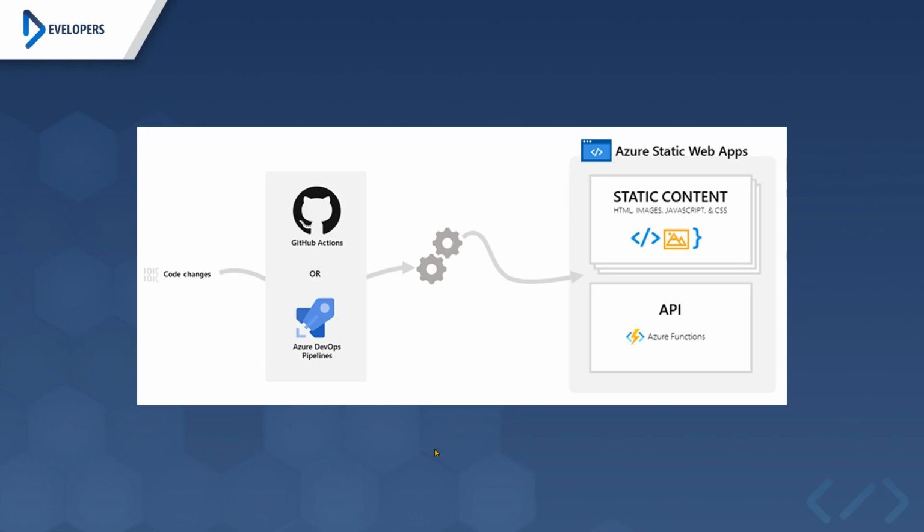You can easily tie it to GitHub Actions, Azure DevOps, or integrate it into your own systems as well. This means every time you change your code, it'll automatically get rebuilt and then redeployed automatically to Azure Static Web Apps. I personally use GitHub Actions, and you can configure all of it automatically through the Azure portal as well as one of the options, and it'll go ahead and create your YAML configuration files automatically, which is really, really cool.